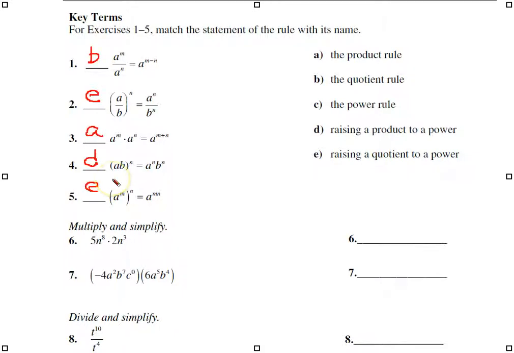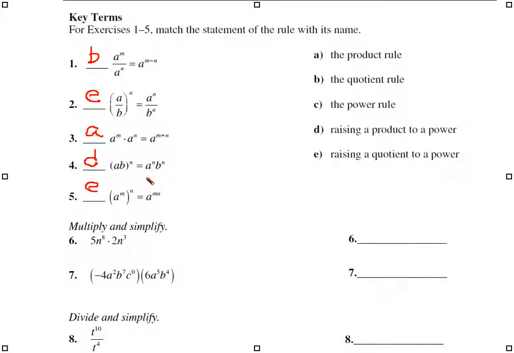So as you look at these, here this is the quotient rule that we're going to subtract, and I'll go over that as we see another example. And this is the raising a quotient, which is a fraction, to a power. And this is the product rule, that when we are multiplying variables with exponents, if the bases are the same, we just add the exponents.